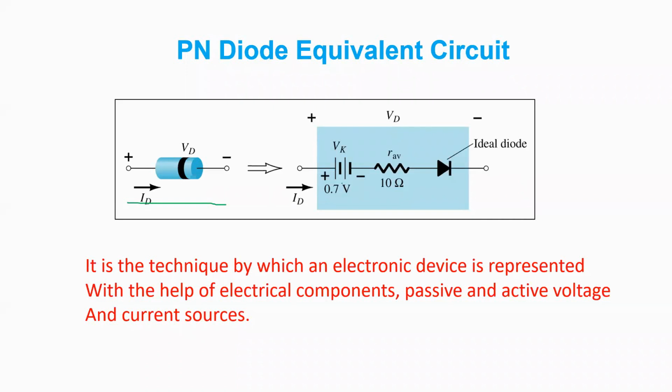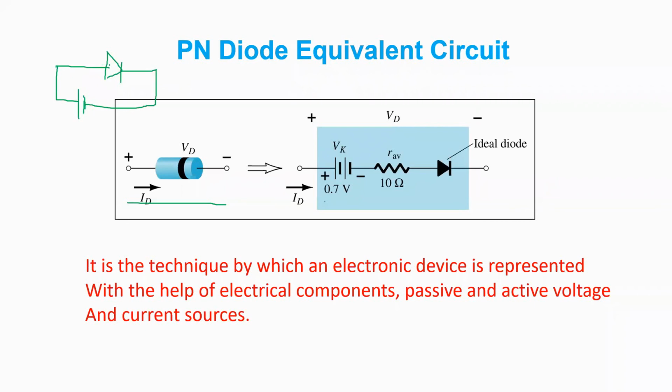When you operate your PN diode, the approach is that we apply some positive value and we apply some negative value across it.